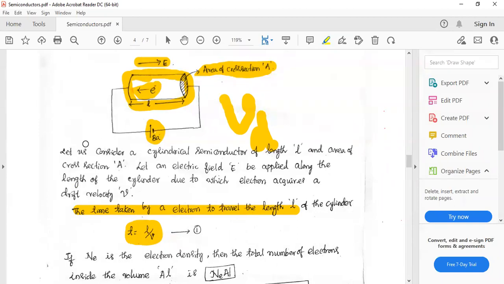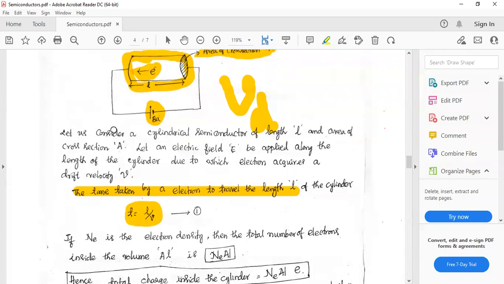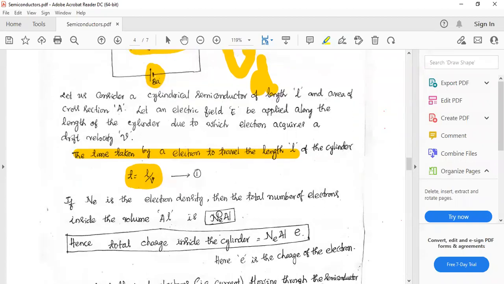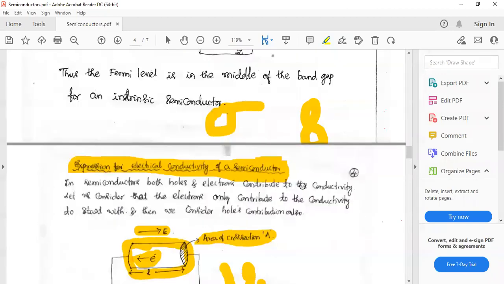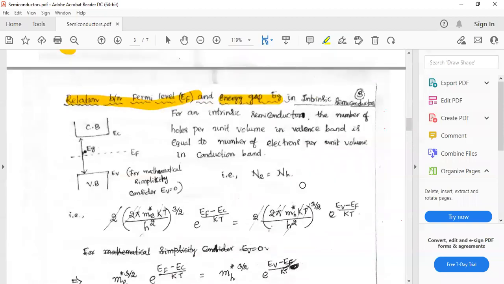So to calculate that, we have to remember the concept of concentration of electron. Ne represents the number of electrons per unit volume of the semiconducting material, right? In the last class, I discussed that Ne represents the number of electrons per unit volume.